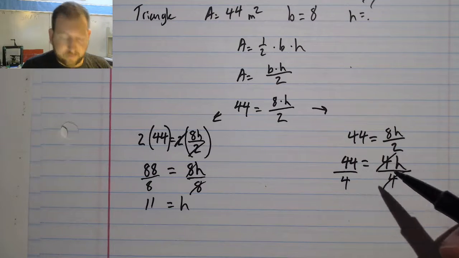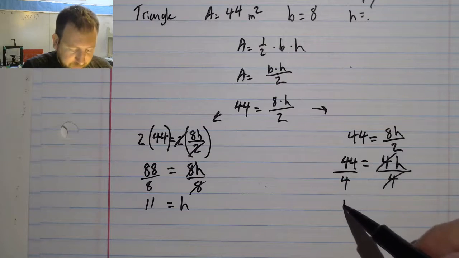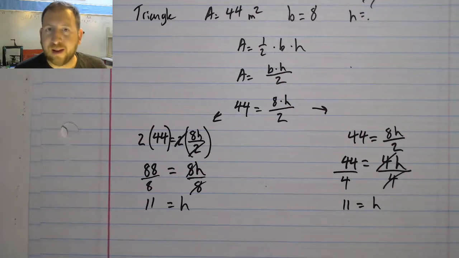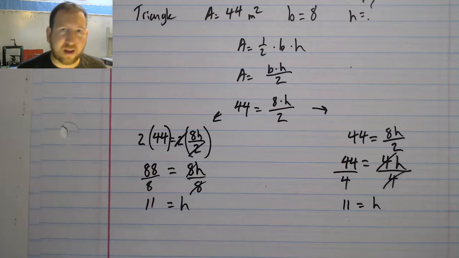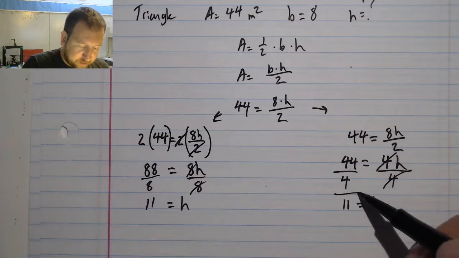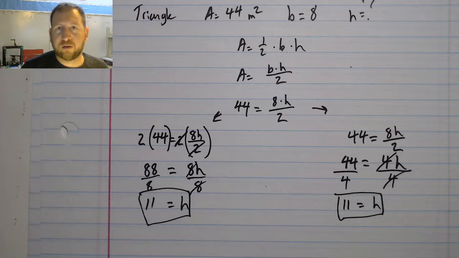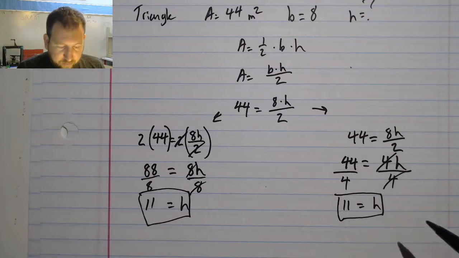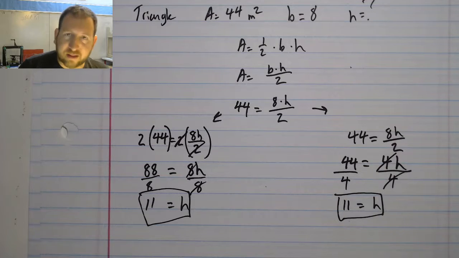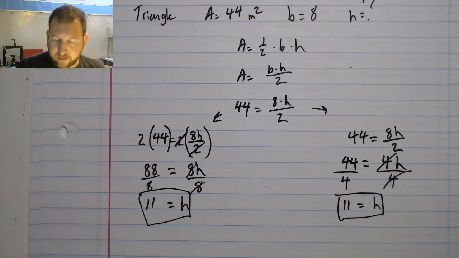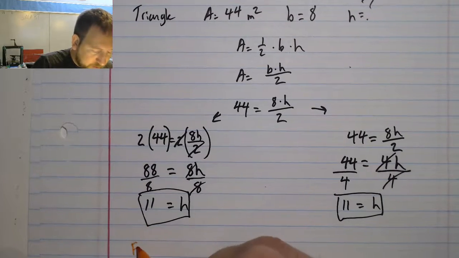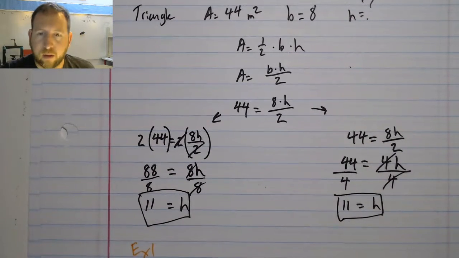I have 44 divided by 4, which is, unsurprisingly, 11 equals h. The cool thing about algebra is no matter what step you do, as long as you do things in the right steps, you always get the right answer, because you can plug it back into the original, and there's only one correct solution for problems like this. You're going to be finding this missing attribute for this whole assignment, whether it's h or b, and it's pretty similar. I'll do another example if you'd like, but if you want to go get started, you can do that as well. Let me find one that I like.